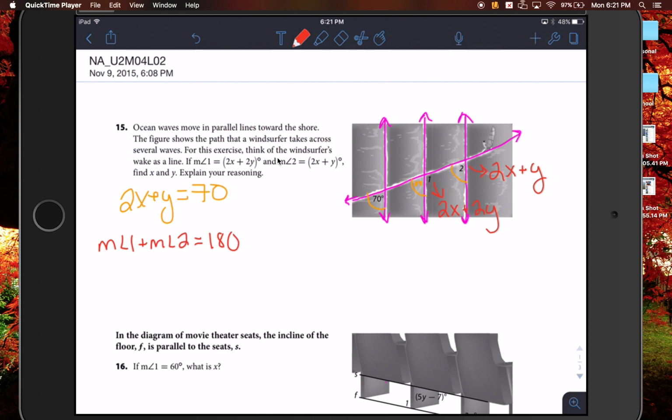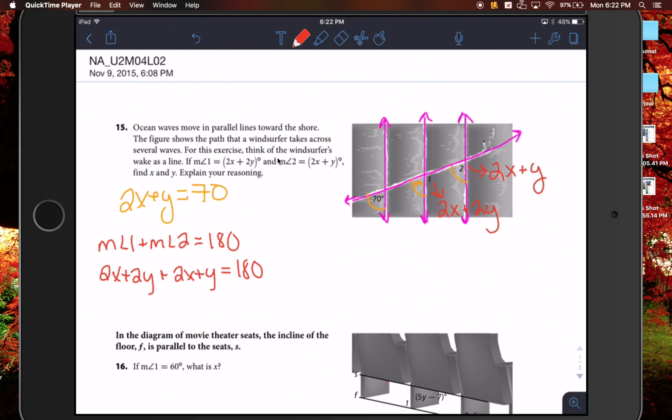Now I can substitute 2x plus 2y and 2x plus y in for the measure of angle 1 and the measure of angle 2. So 2x plus 2y plus 2x plus y equals 180 degrees.